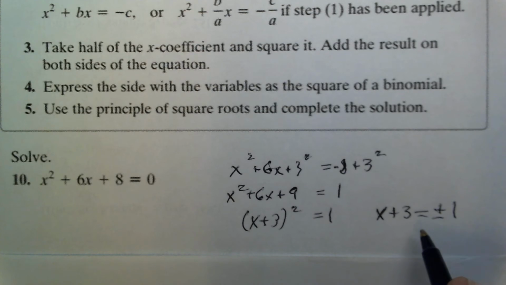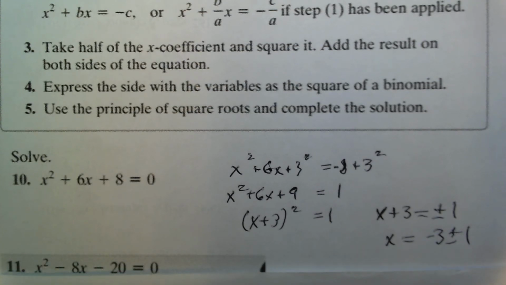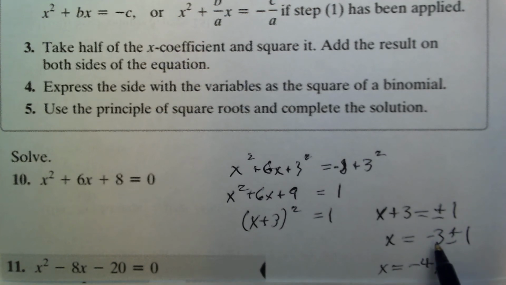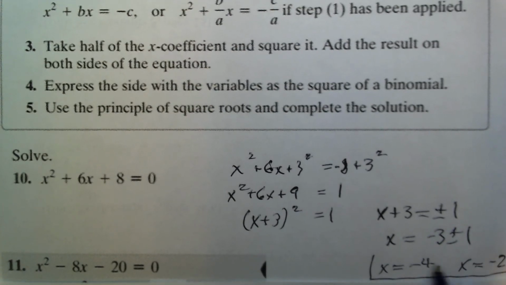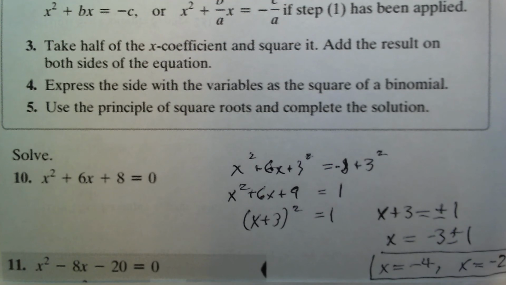So that means that x equals minus 3 plus or minus 1. In other words, with the minus sign, we get x equals minus 3 minus 1, or x equals negative 4. The other solution would be minus 3 plus 1, which means x equals minus 2. So these are the two solutions to number 10.